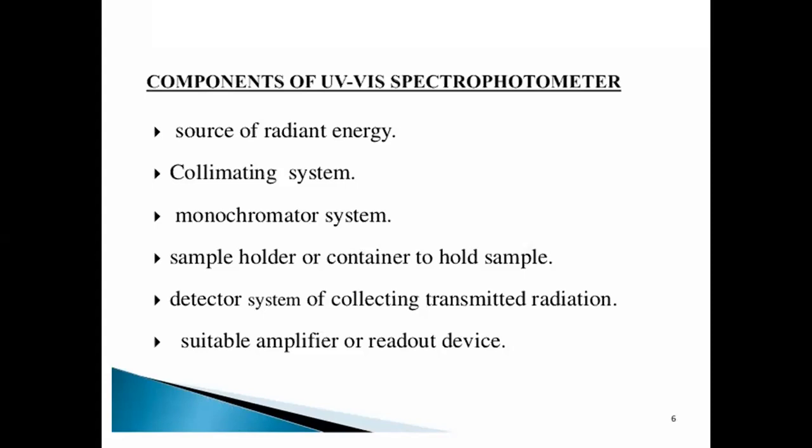Source of radiant energy requires a lamp, an ultraviolet lamp which emits the ultraviolet radiations. Such lamps are used as a radiant source which will emit the ultraviolet radiations of a particular wavelength in a broad wavelength region.